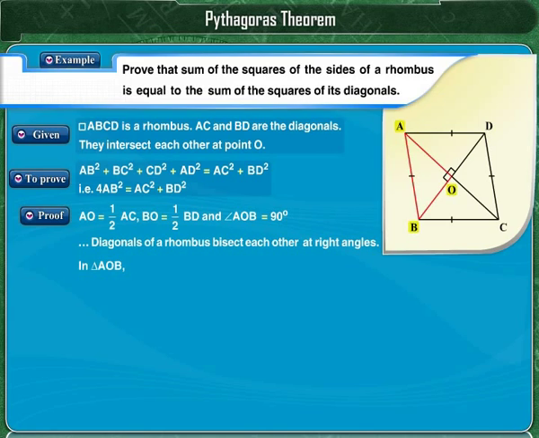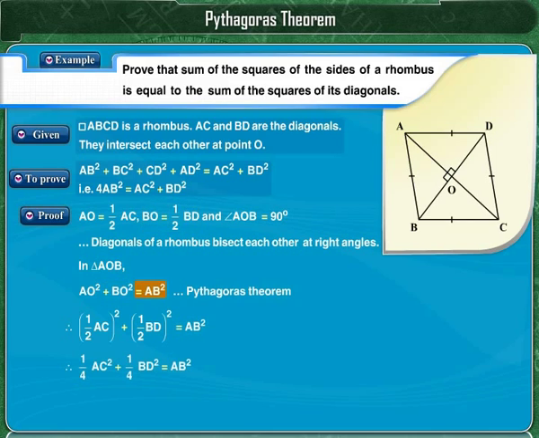In triangle AOB, by Pythagoras theorem, AO squared plus BO squared is equal to AB squared. That is, (half AC) squared plus (half BD) squared is equal to AB squared. By solving, we get 4AB squared is equal to AC squared plus BD squared.